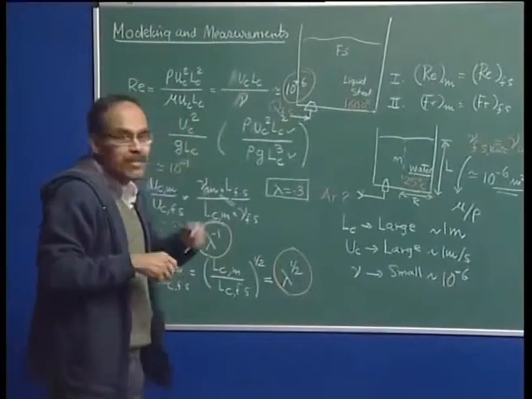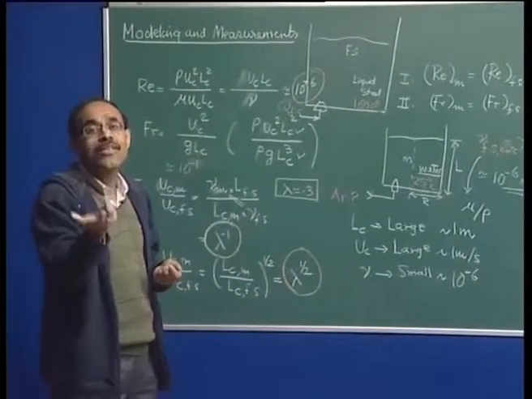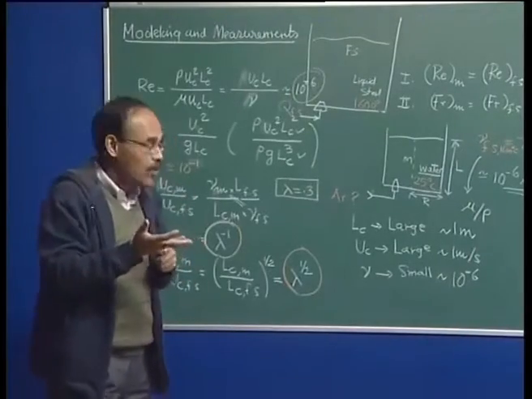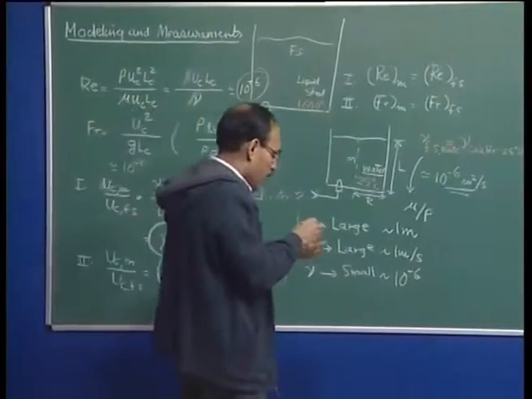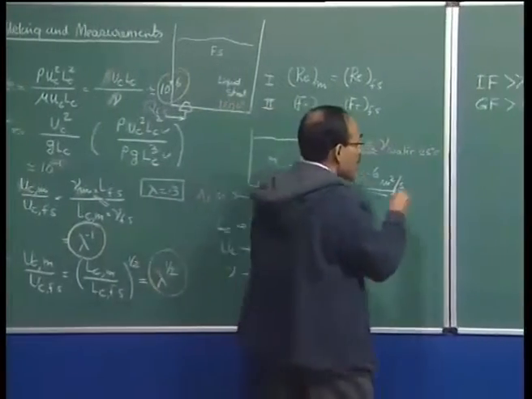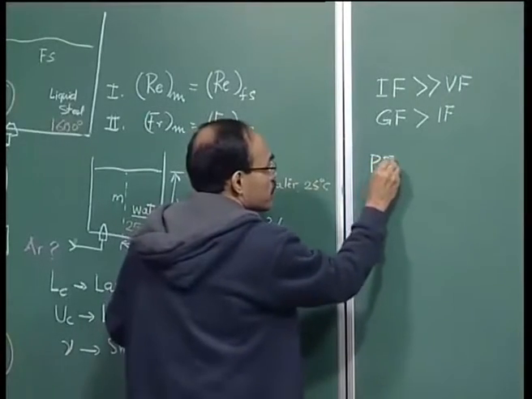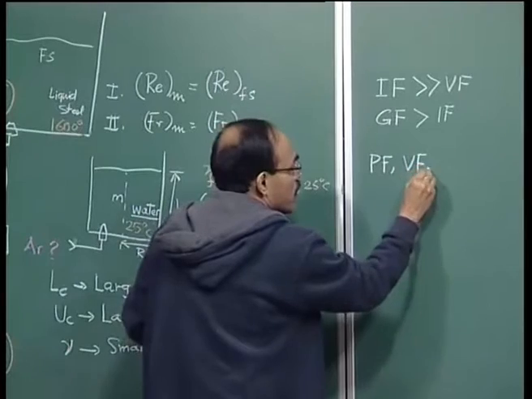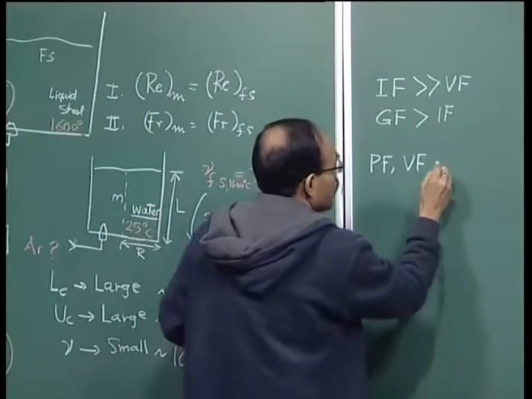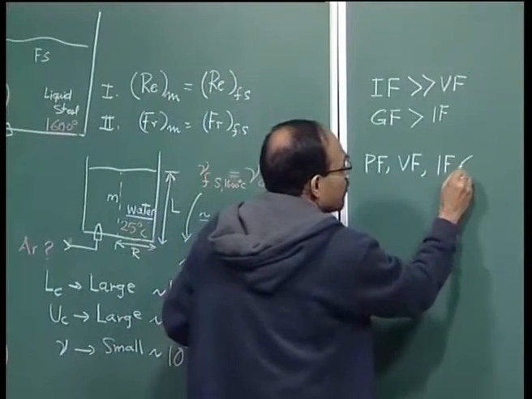So, if we throw out the viscous force, what are the forces we are left with now? I started the discussion by assuming pressure force, viscous force, inertial force, and gravitational force.